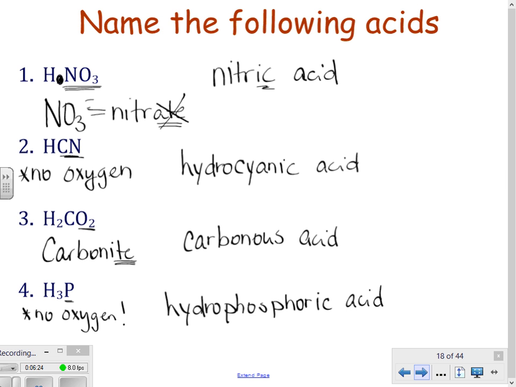I almost wrote phosphorus at the end for hydrophosphorus acid, but that's not right. Hydrophosphoric acid and carbonic acid.